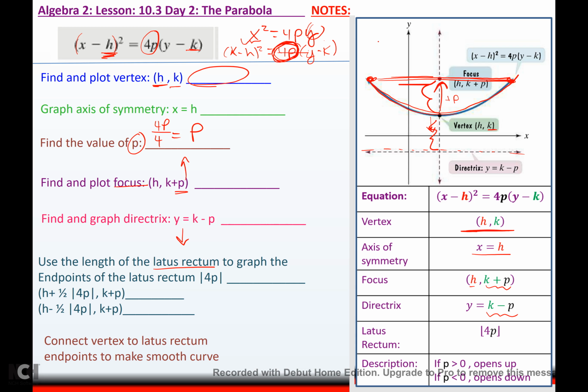You figure out that value and you cut it in half. Then you go that far to the right of the focus and to the left of the focus, plot those 2 points and connect your vertex to your latus rectum points, and you've got a good graph.